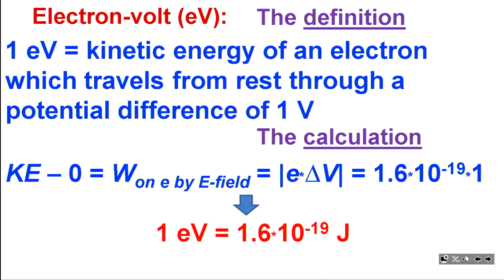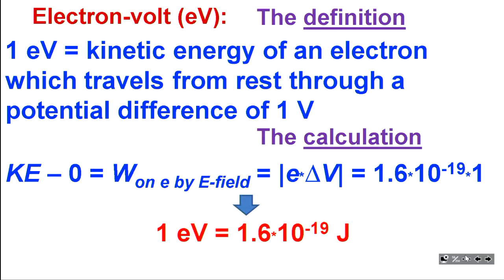Exactly. That is why for the quantum mechanical world, people have invented a new unit of energy. By definition, the amount of energy which an electron acquires by traveling through a potential difference of 1 volt has a name: 1 electron volt.